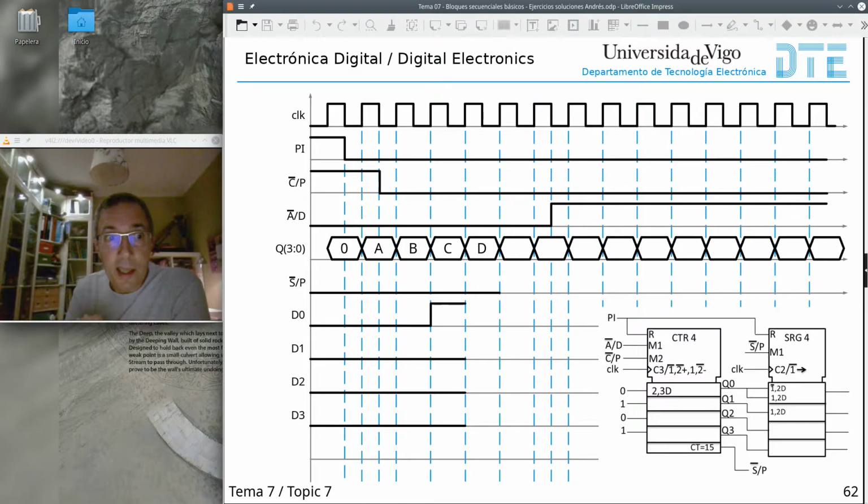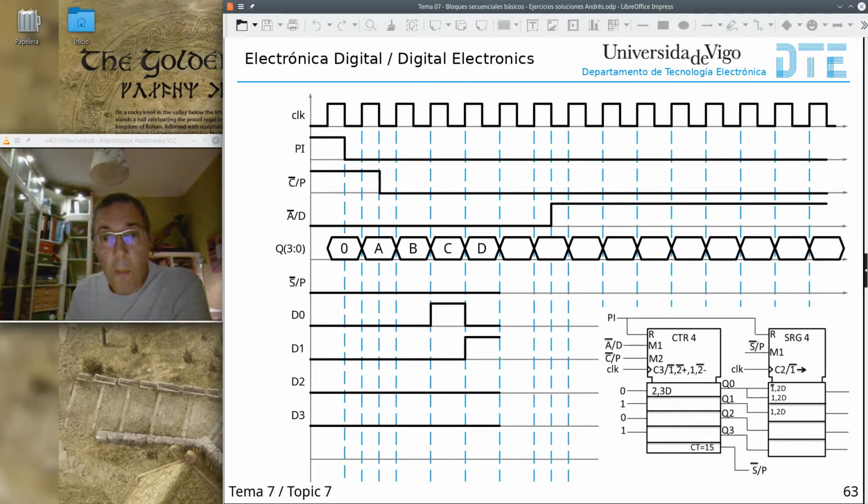So D0 will become 0. And this 1 that is in D0 will propagate to D1, and the 0 that is in D1 will propagate to D2, and the 0 that is in D2 will propagate to D3, and the 0 that is here will be lost. Okay, so this is counting and evolving at the same time.